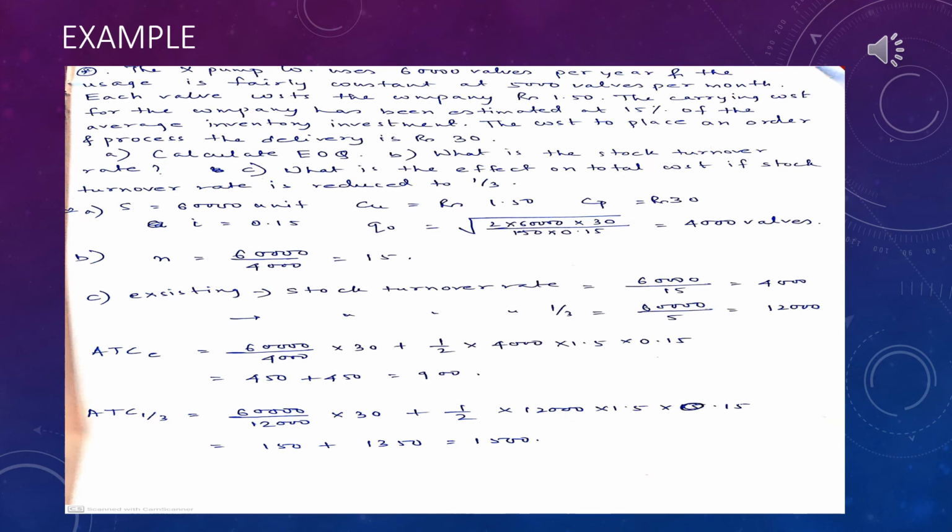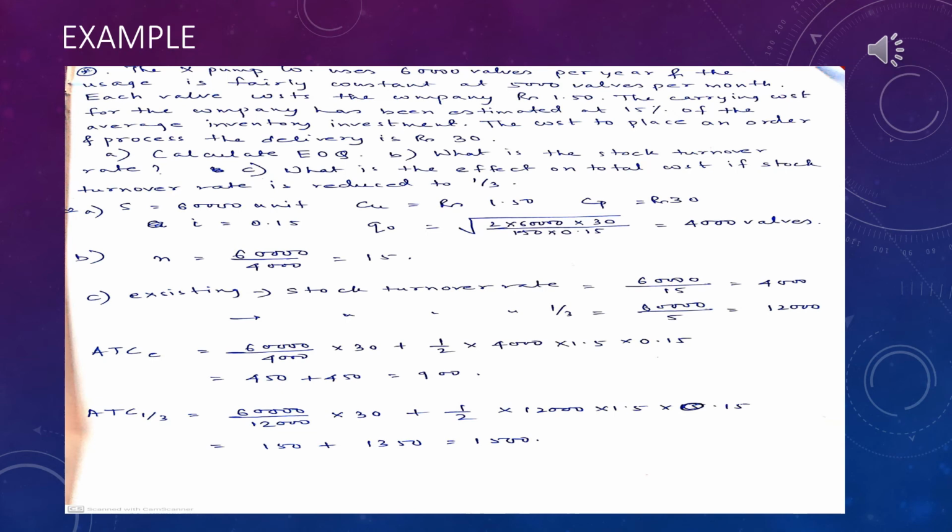Going back and calculating the EOQ upfront: 2 into S into CP divided by CU into I. If we put back the values of S at 60,000, CP at 30, CU at 1.5 and I at 0.15, we get the EOQ at 4,000 units. Now, what do we need to find out? The stock turnover rate.